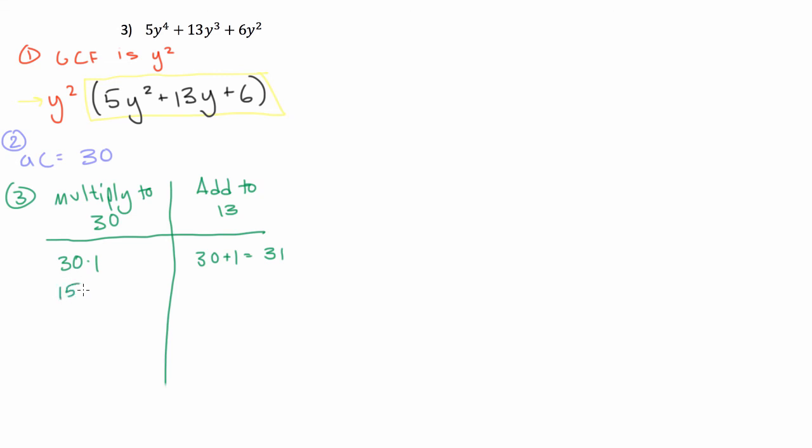So that means 15 times 2 is 30. 15 plus 2 is 17. 30 divided by 3 is 10. So that means 10 times 3 is 30. And 10 plus 3 is 13. And that's what I wanted. So these are my numbers, 10 and 3.